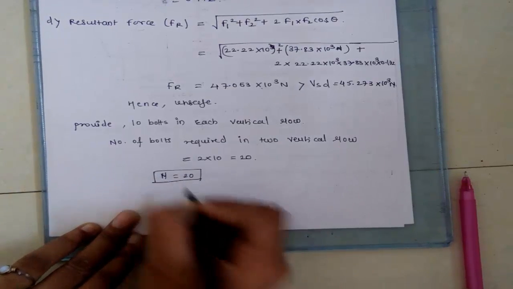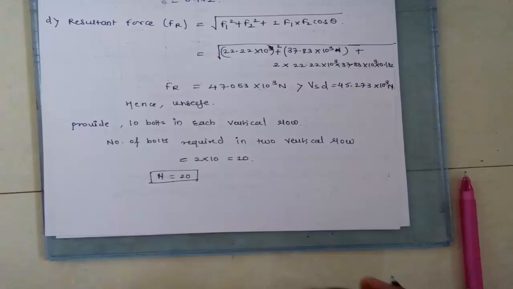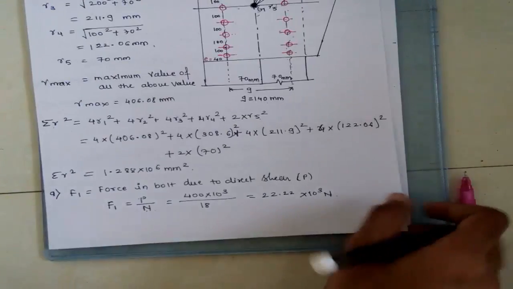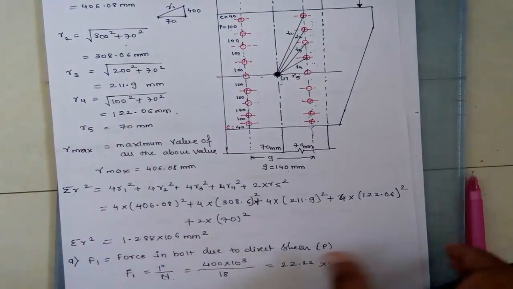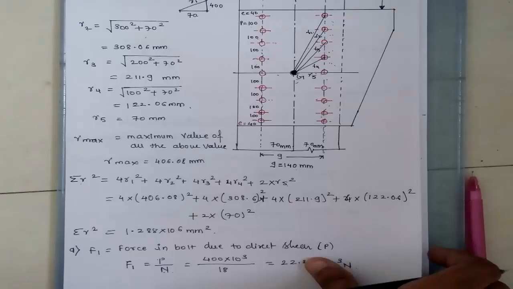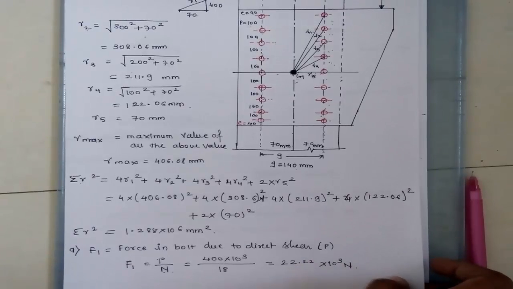For this number of bolts we have to follow the same procedure, with 10 bolts in each row, so for two vertical rows the number of bolts is 20.